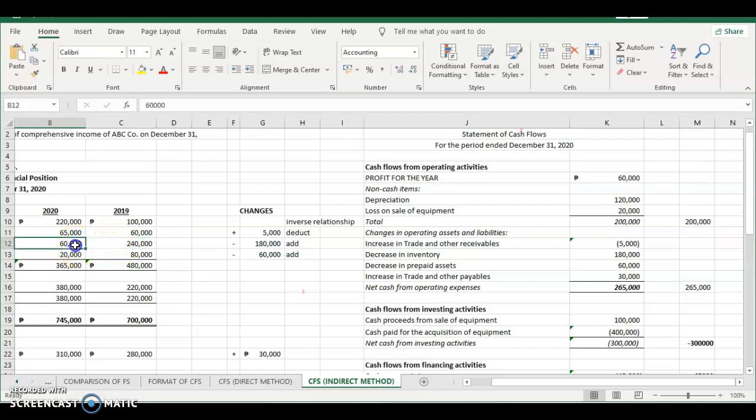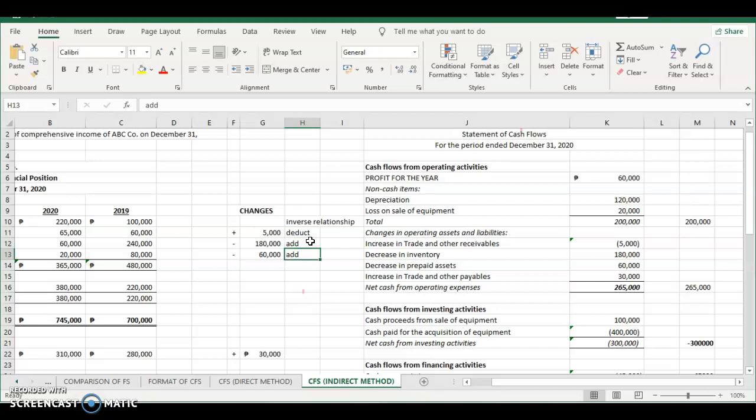Tapos nitong 2020, class, 60,000 na lang. So, ano nangyari sa inventory mo? 'Di ba nabawasan, ibig sabihin nakabenta ka. Okay? So, i-add back natin. Kaya ang relationship na i-add natin kay cash flow under operating activities.